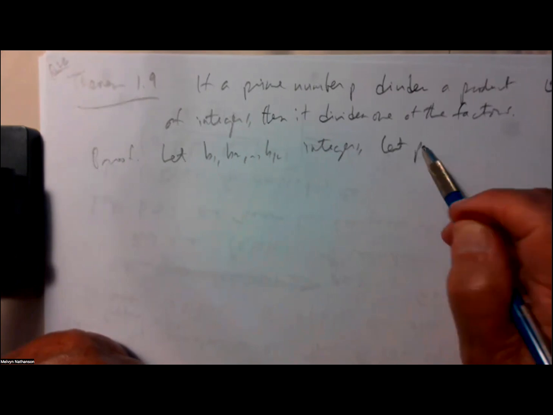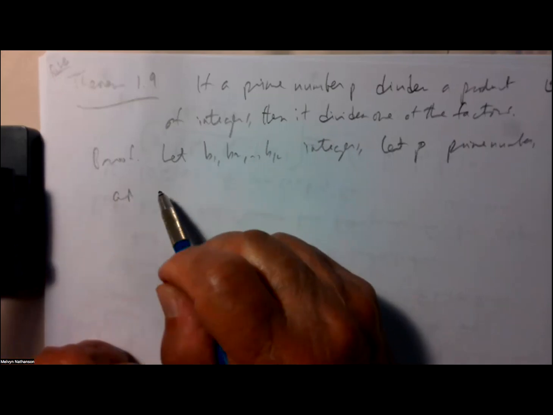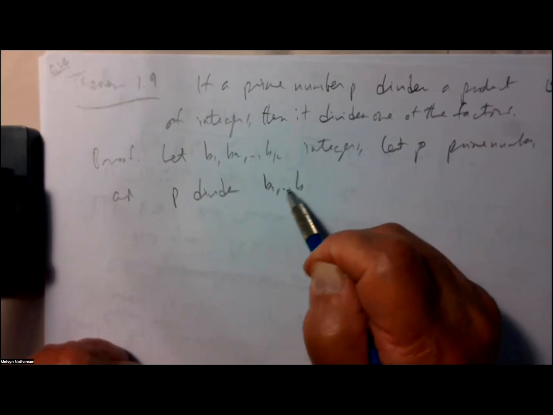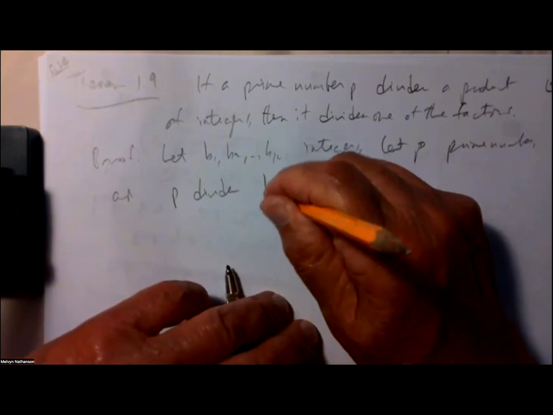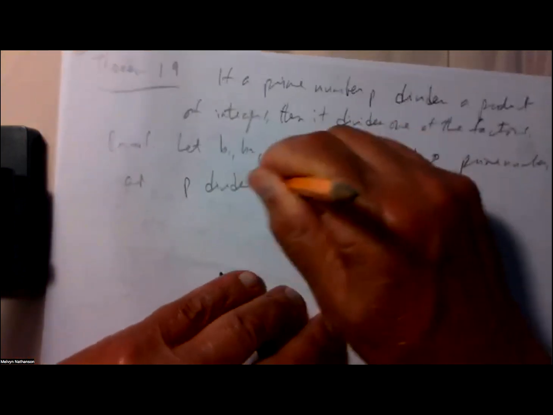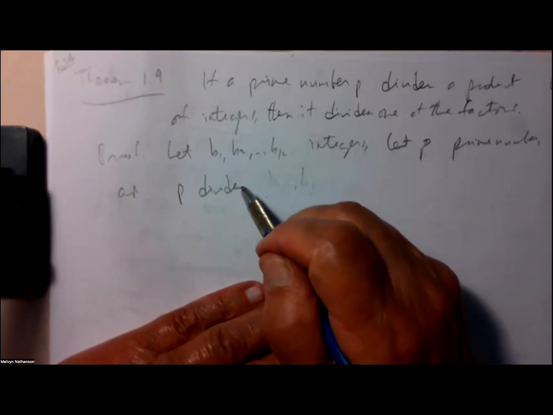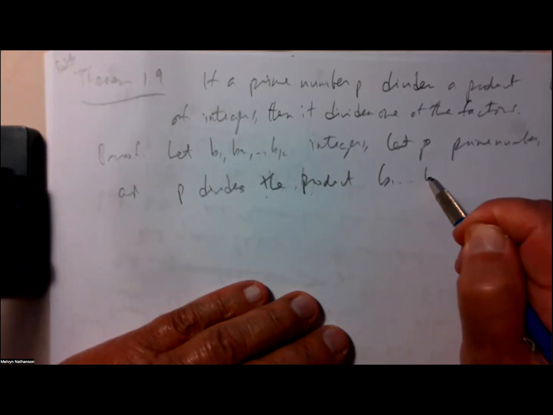Let p be a prime number, and suppose p divides the product b1 up to b sub k.